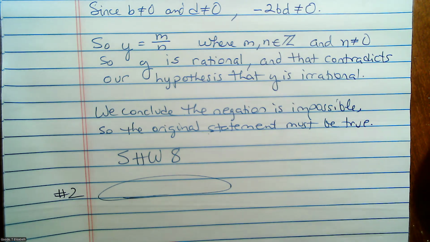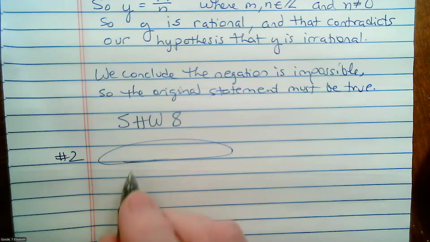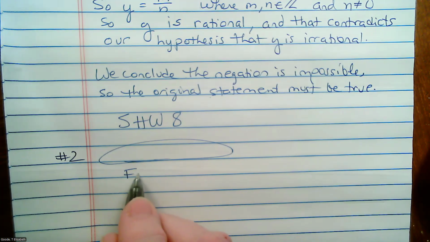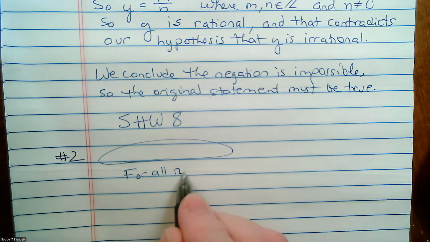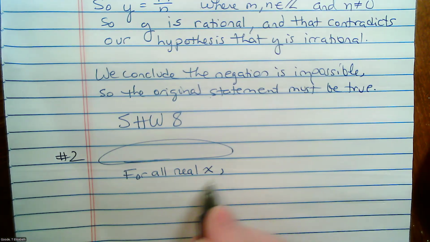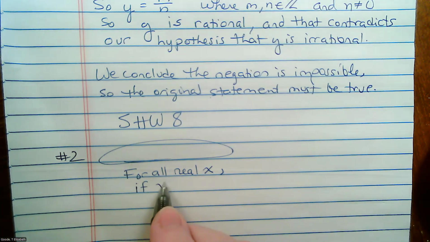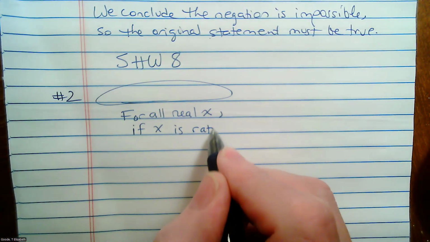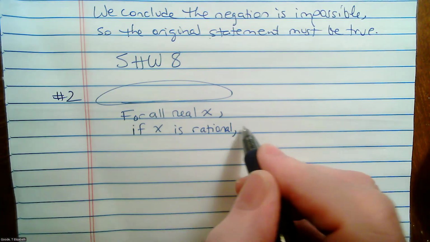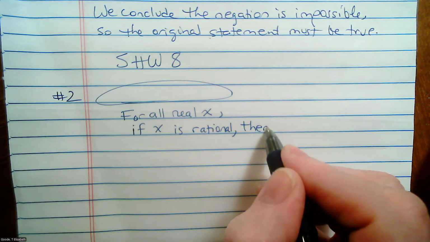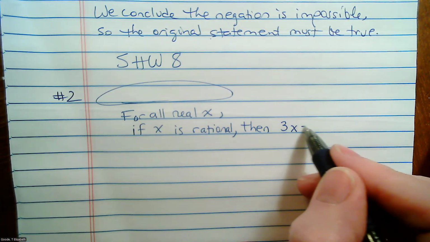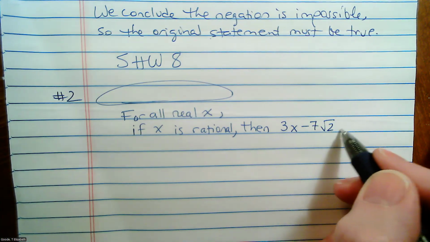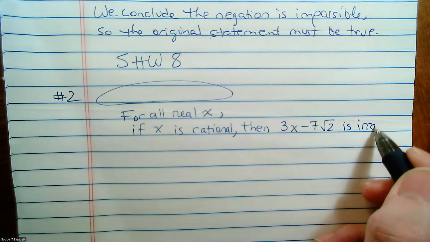Number 8 is just a couple of problems, but number 2 was: for all real x, if x is rational, then the number 3x minus 7 square root of 2 is irrational.